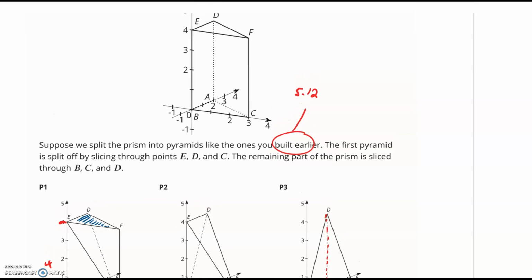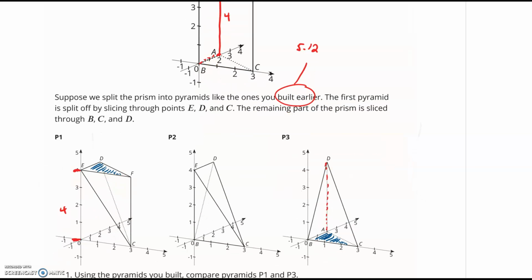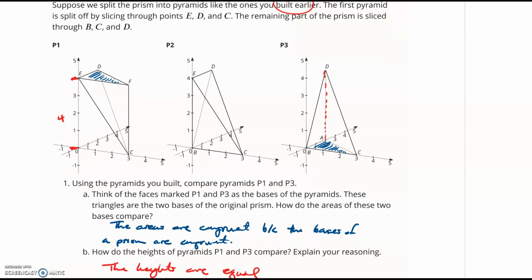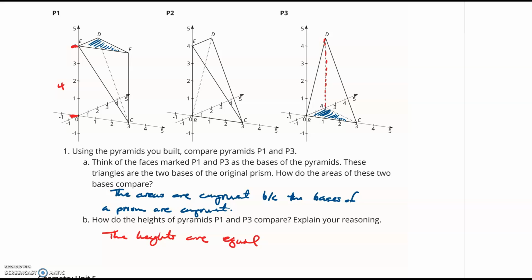I want you to remember that this height right here is 4 units, and the only reason it looks like it's higher than 4 is because it's going back into the computer screen a little bit. Okay, so I know the heights are equal because they're each the height of the prism.